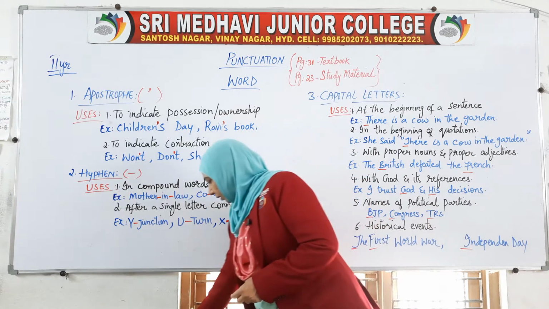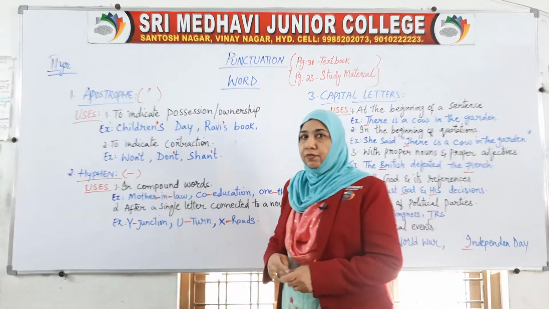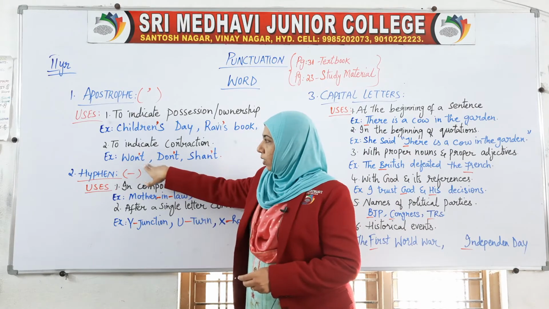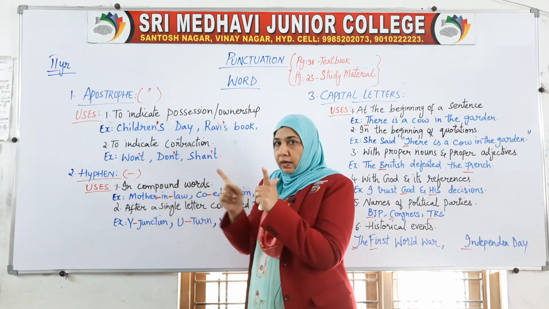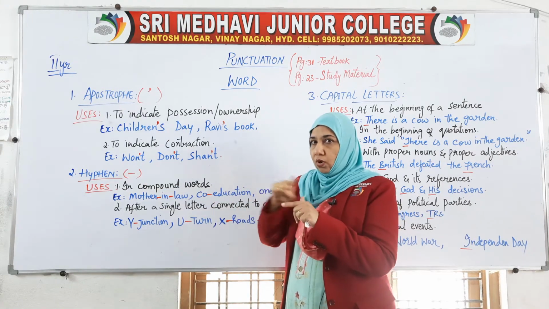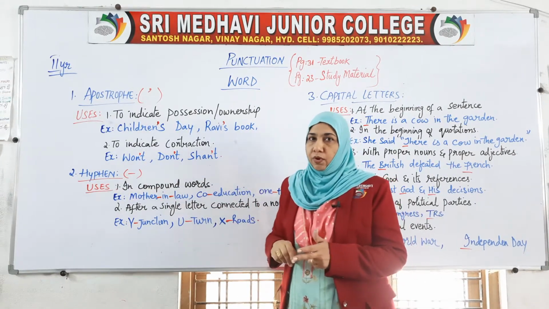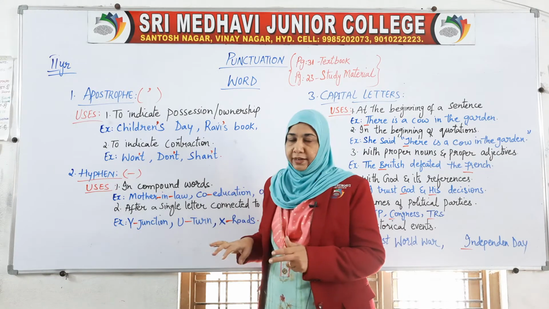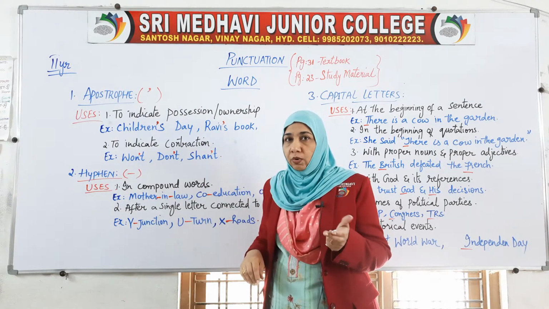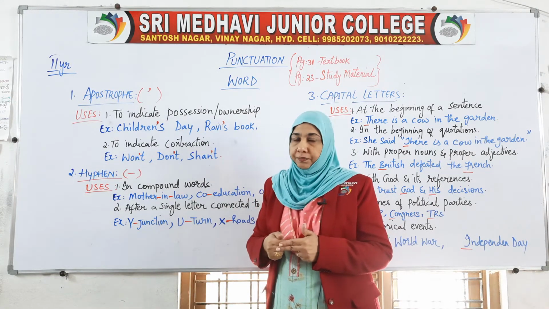Now next is to indicate contraction. Contracted forms. You must have heard about contracted forms. Will not, we make it contracted by writing won't. This type of English, especially the contracted forms, we have to use in our dialogue writing.